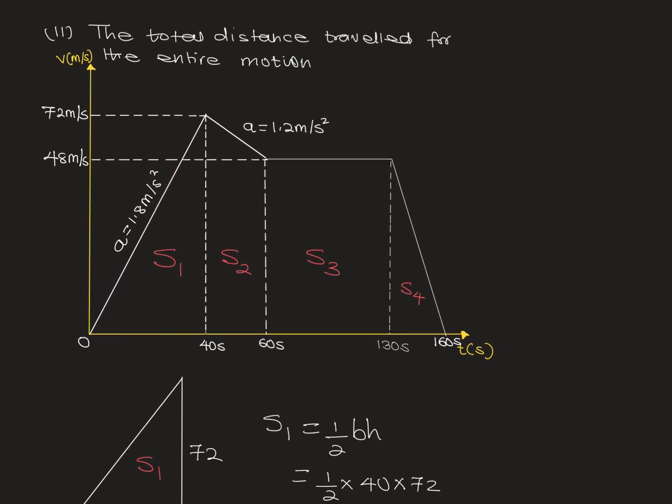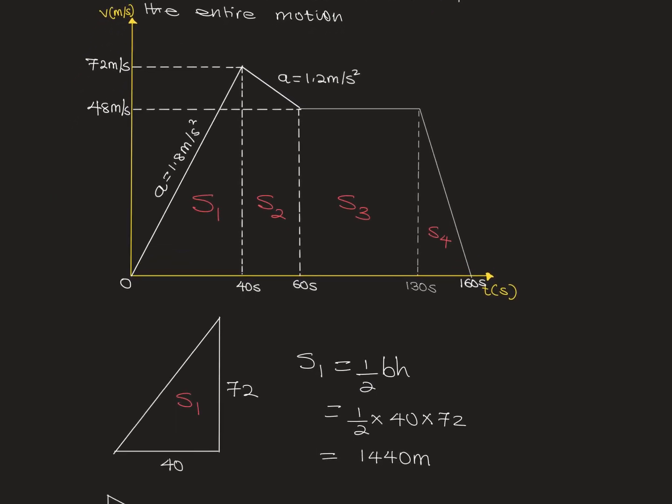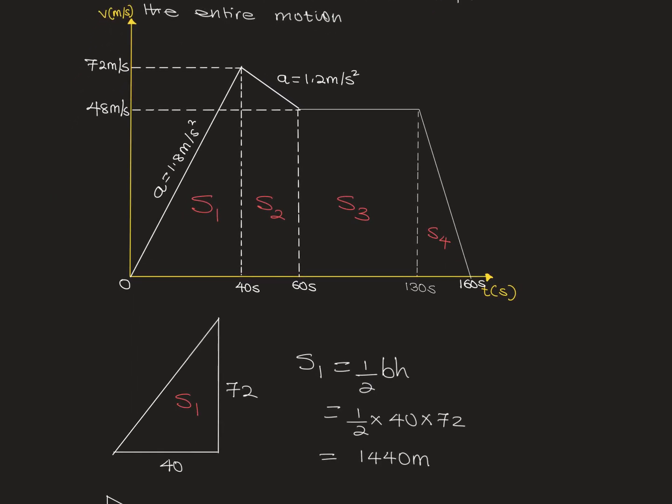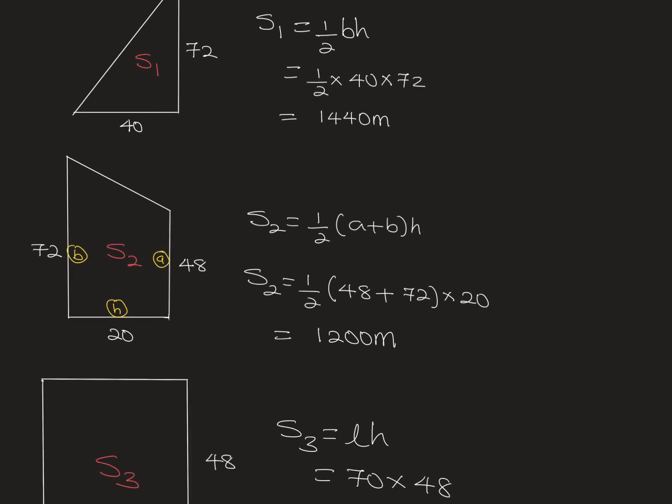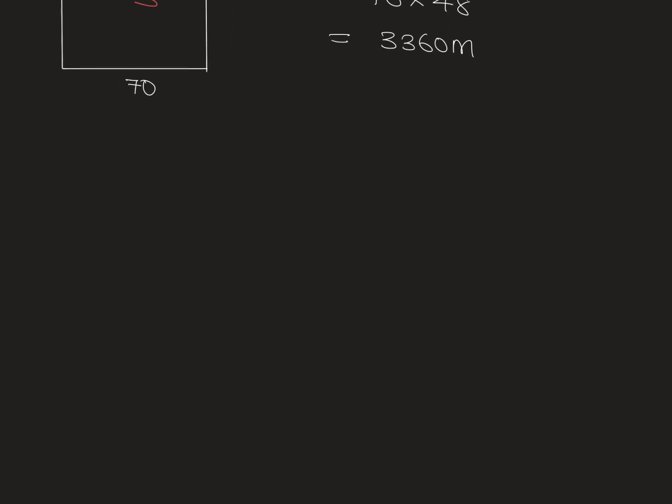Finally, for S4, if you look at it, it is a triangle. So we're going to use the area of a triangle to find S4. The time there is 30 seconds. The velocity is 48. If we draw the diagram for that, we have something like this.